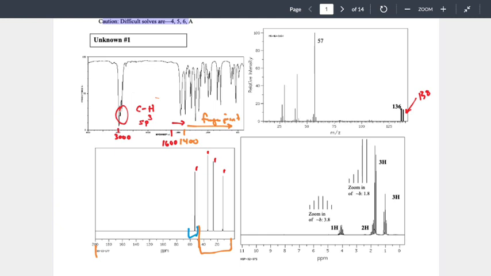The next level beyond this is why would it shift? Well, it shifts because it's closer to an electronegative element. The closer it is to an electronegative element, that element removes the electron density, exposing the nucleus to our radio waves and our magnets.